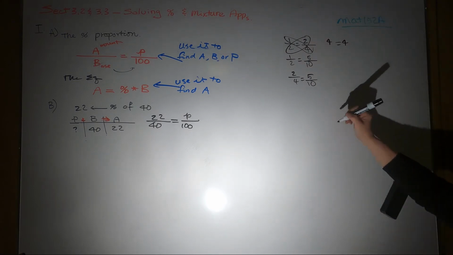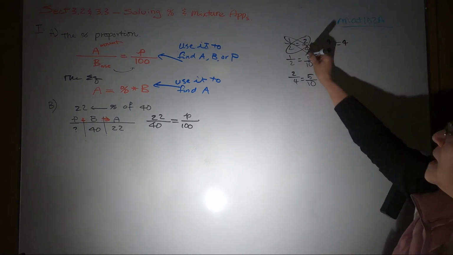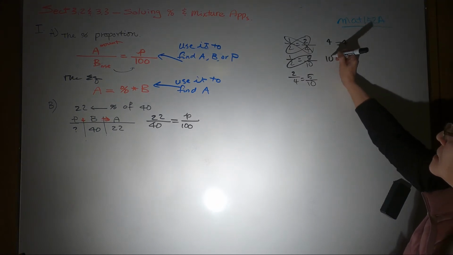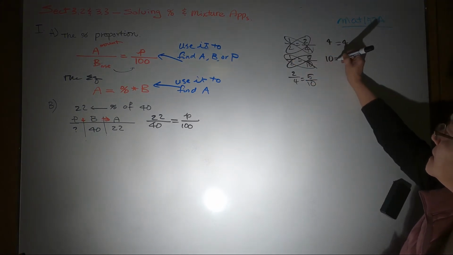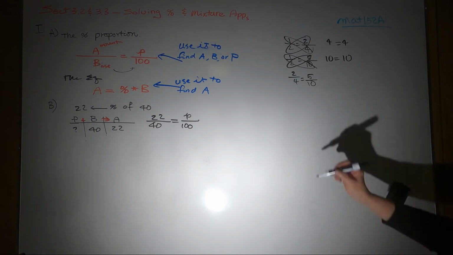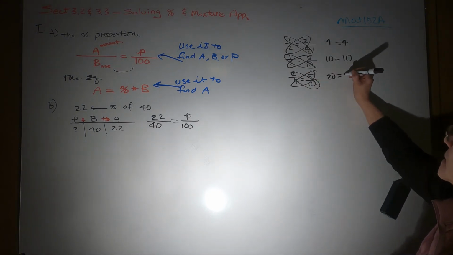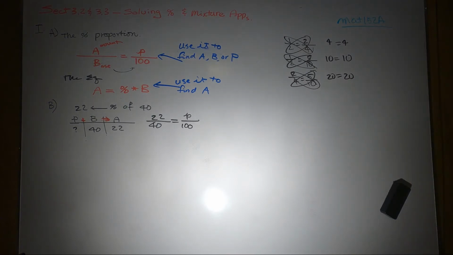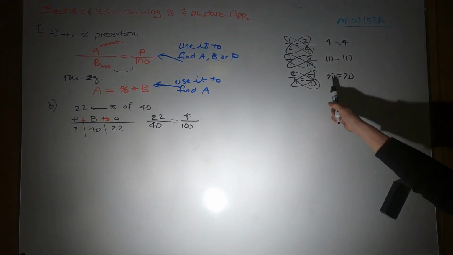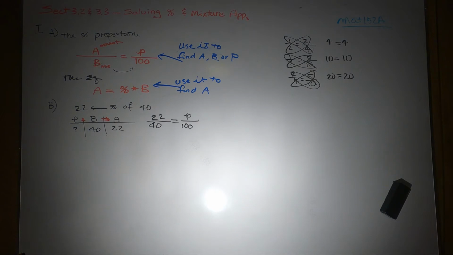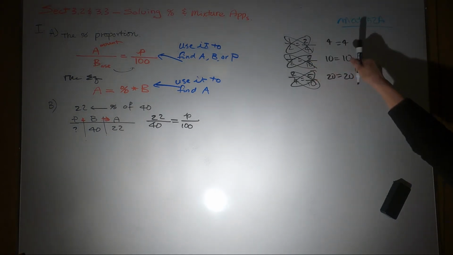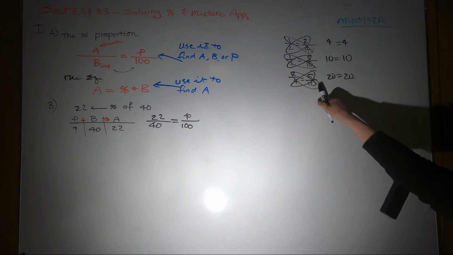Are they the same? Then 2 times 5 is 10. 1 times 10 is 10, right? 4 times 5 is 20. 2 times 10 is 20. So when you have two fractions that are the same, we call them a proportion. When you have a proportion, two portions are the same.